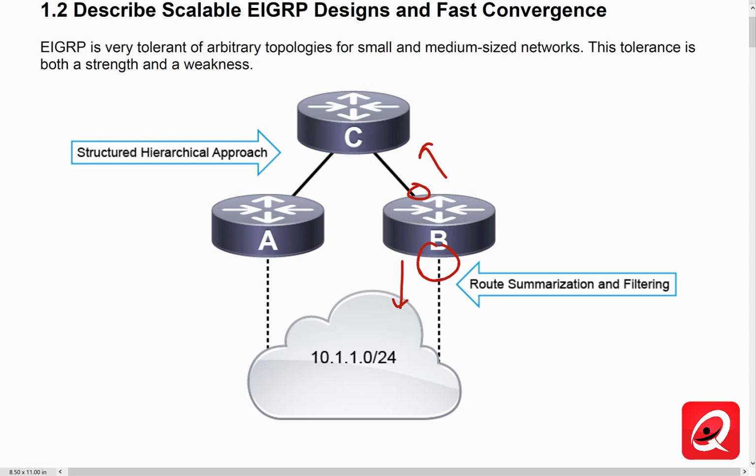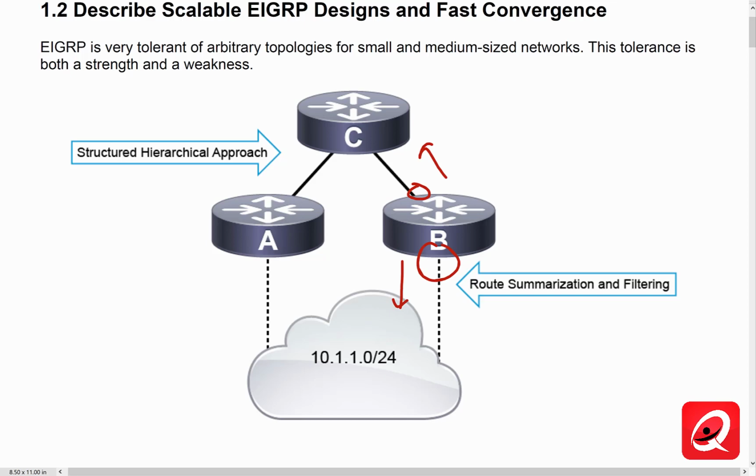And that's the nice thing about EIGRP, is that we have that ability to do summarization and even filtering of routing arbitrarily in the topology. In OSPF, as an example, every router in the OSPF area has to have the same topology database or link state database.